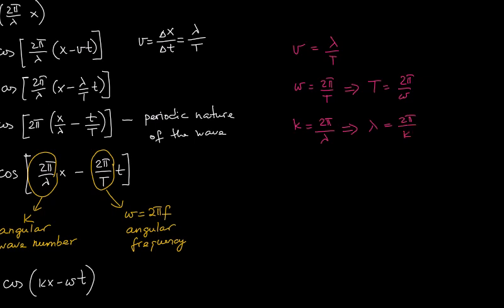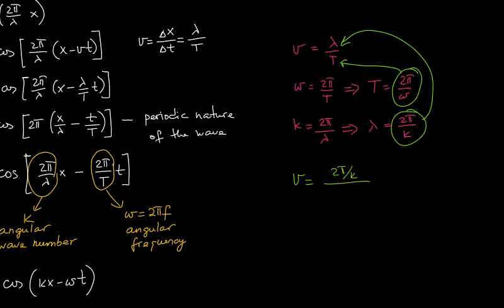If I plug these two into the top equation, then I would have v equals 2 pi over k divided by 2 pi over omega, which gives me v equals omega over k.